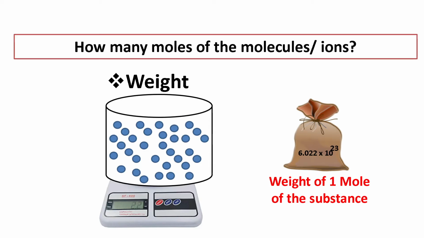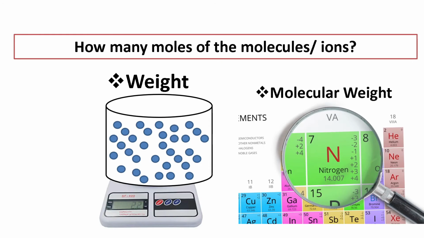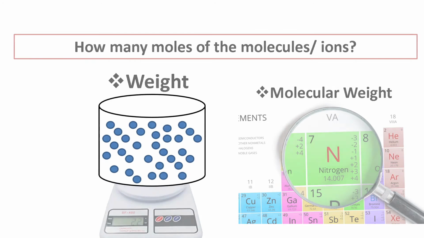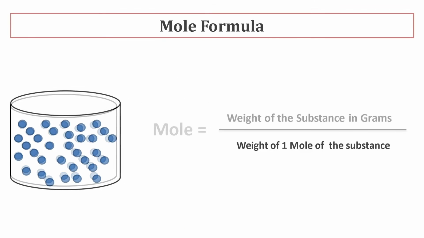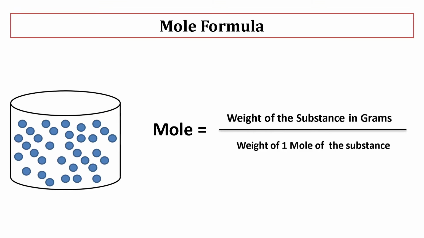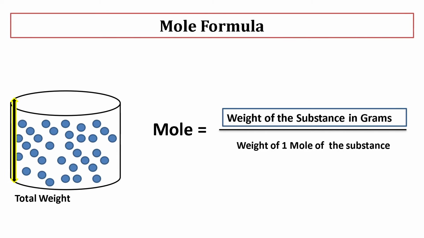We already know now that the weight of 1 mole of the substance will be the atomic weight of the substance. This gives us an idea about how many moles are present in a given amount of a substance. For that, we need to know the total weight of the substance that has been given to us. Then, we need to know the weight of 1 mole of the substance.